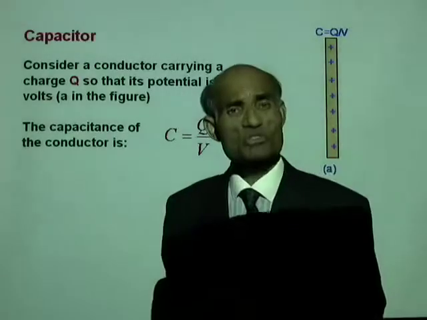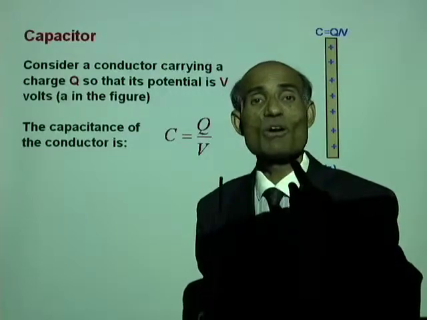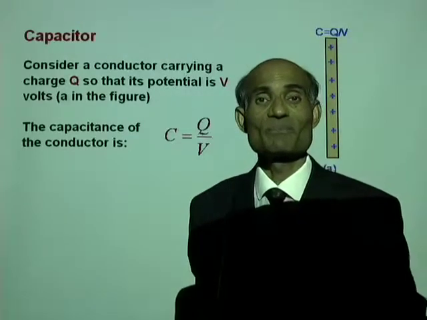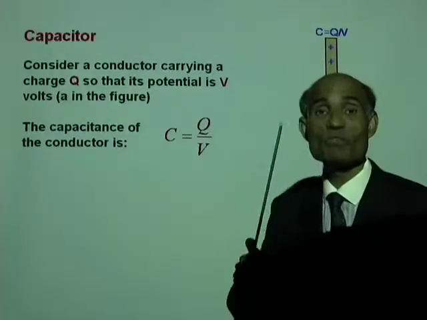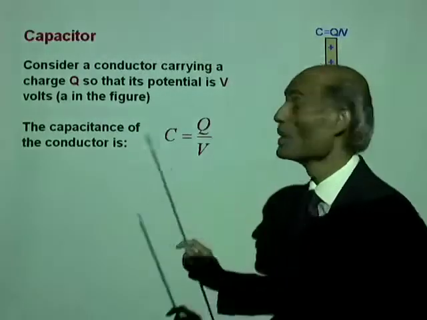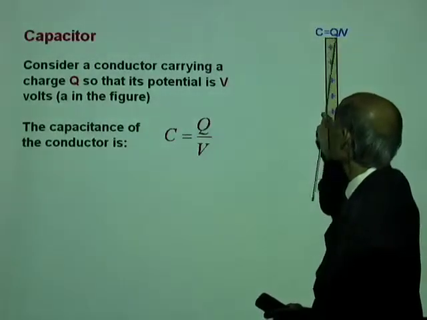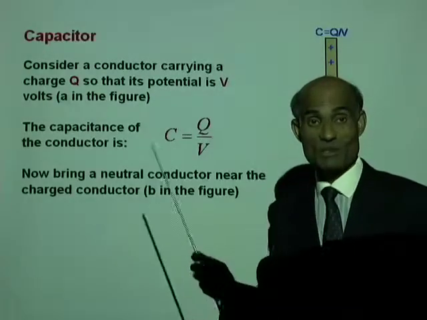Now, can you suggest a way we can lower the potential of a conductor? This conductor now has a positive potential V. How can you reduce its potential without reducing the amount of charge on it? Well, try this.